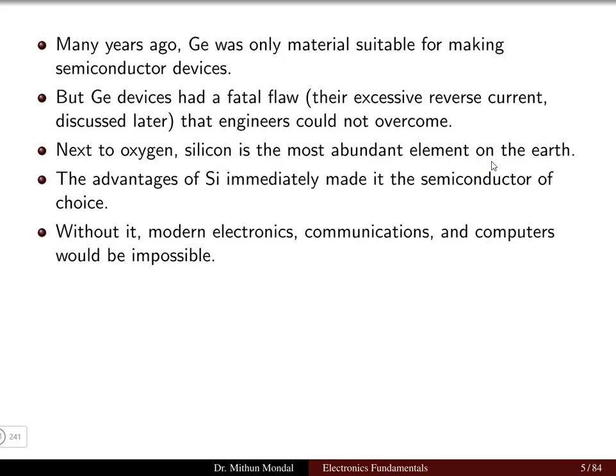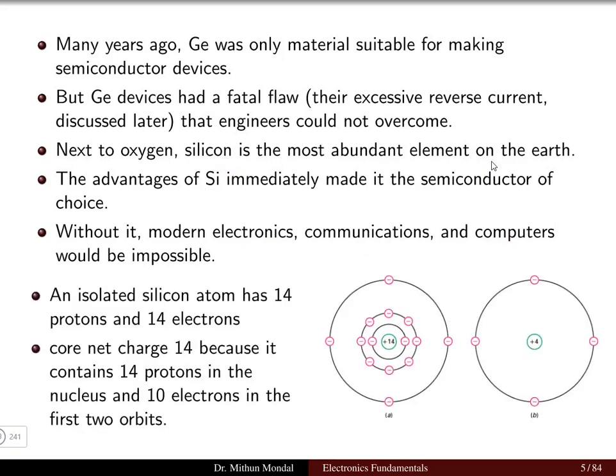Now, here we have an isolated silicon atom which has 14 protons and 14 electrons. We can see the atomic structure of the isolated silicon atom. Here we have the 14 protons, and all the electrons are present in different orbits. When we talk about the core net charge, it is 14 because it contains 14 protons in the nucleus, and 10 electrons are in the first two orbits.